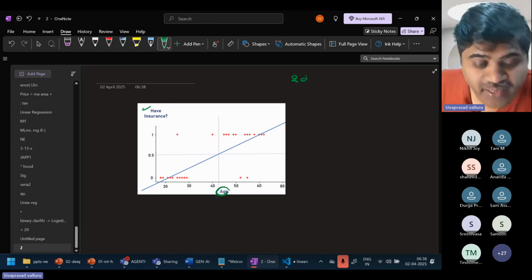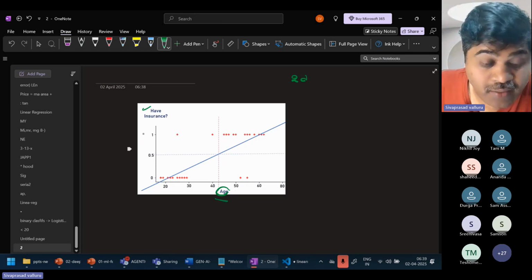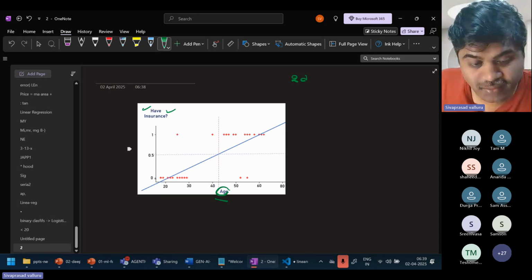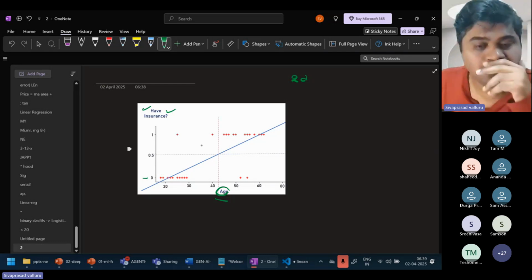Okay. So I plotted age on the x-axis and the probability of whether a person will have insurance or not on the y-axis. As it is binary classification, see, there are only two values, 0 or 1. All the dots are either at 0 or 1.